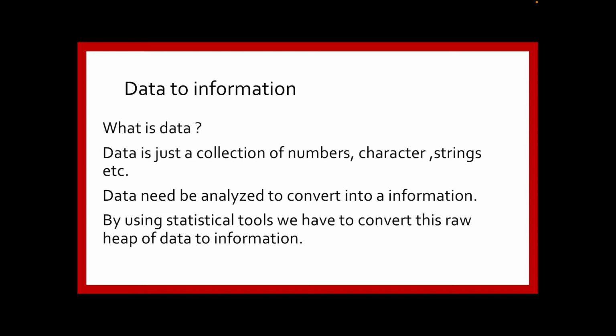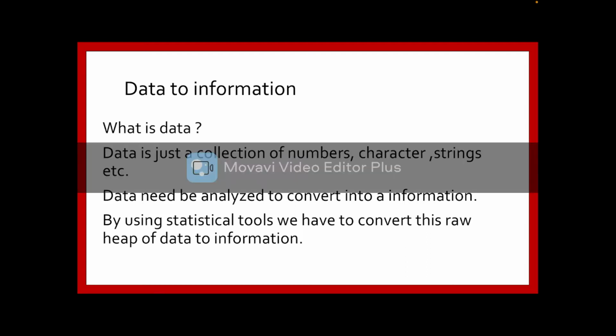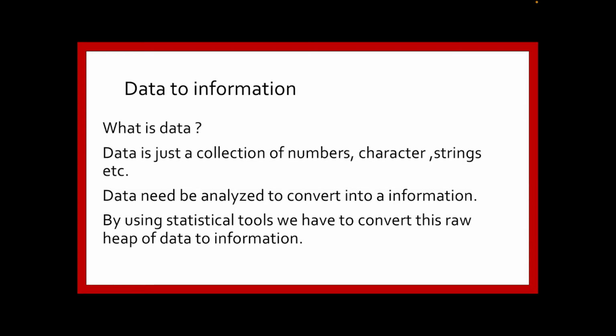But now when I want to generate information out of data, I have to apply some kind of analysis to this data, by using analytical tools or statistical tools, and by using some kind of information system.